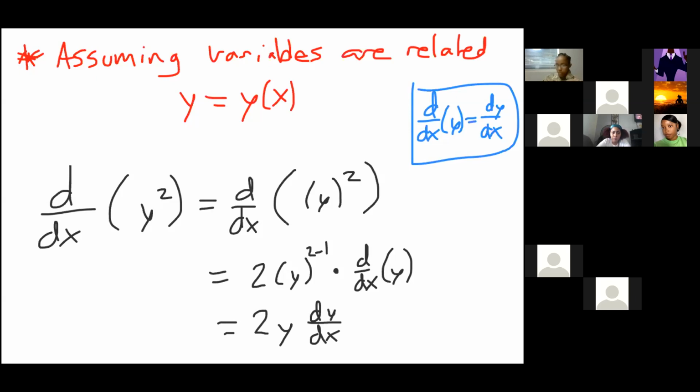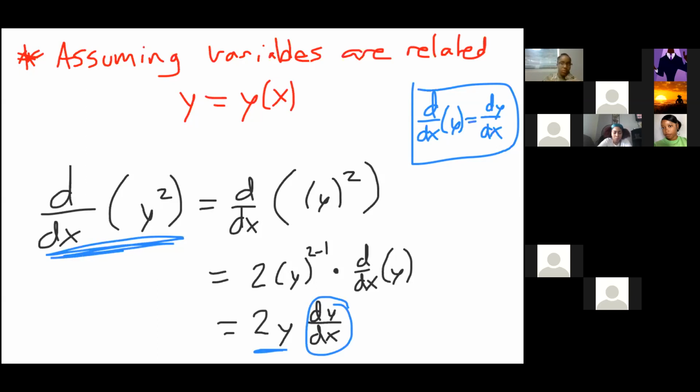So I took into account how y squared changes. That's the 2y, but then I also have to make sure I account for how y changes with respect to x, because my overall goal was to find the derivative with respect to x of y squared, of a different variable.